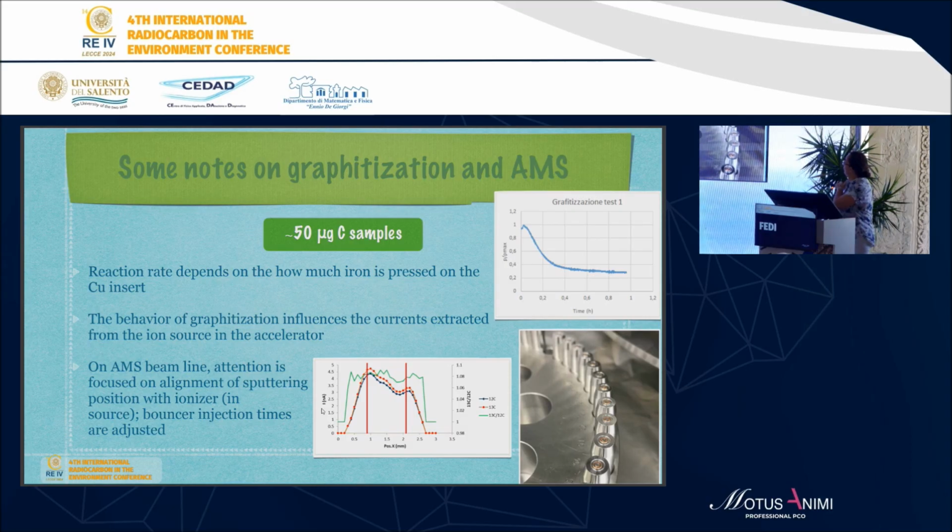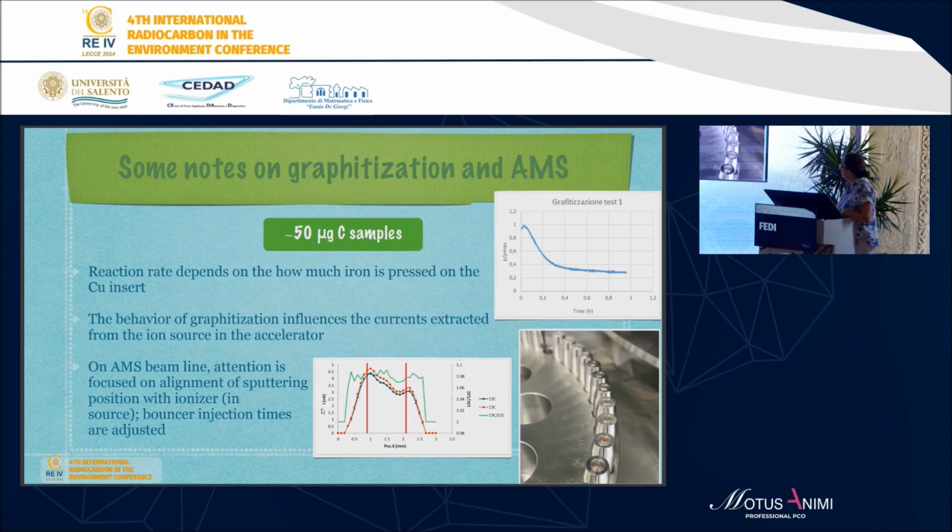So, for example, we have experienced that the reaction rate for graphitization depends on how strongly the iron has been pressed. And the reaction rate also influences our, let's say, typical beam currents that we are extracting from the sample in the ion source.